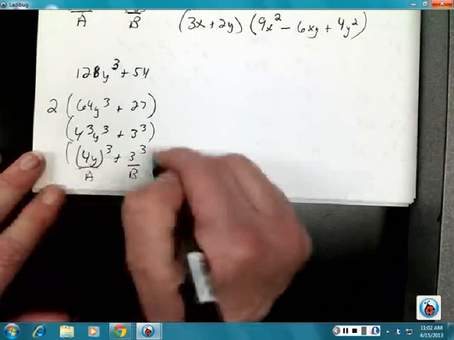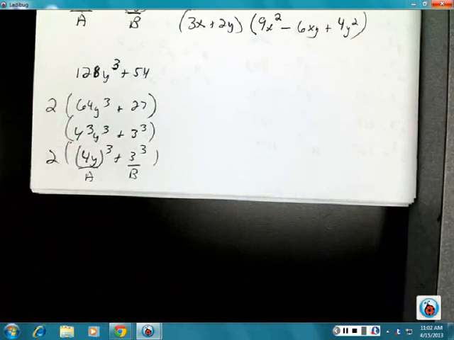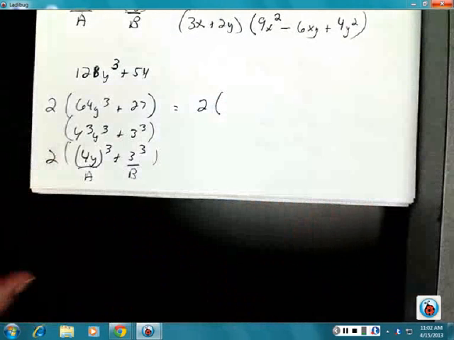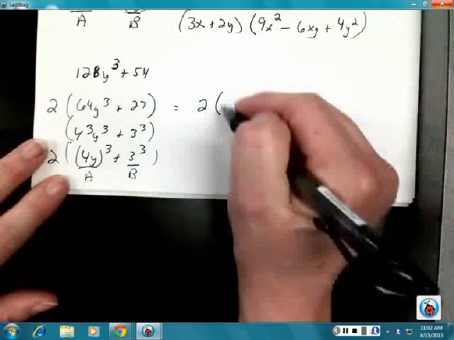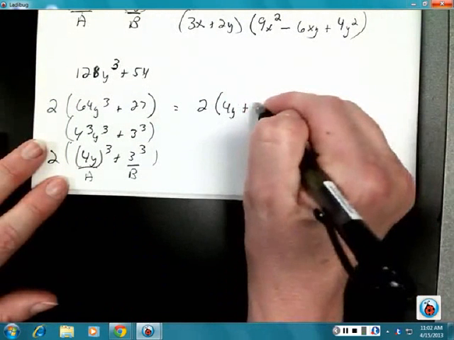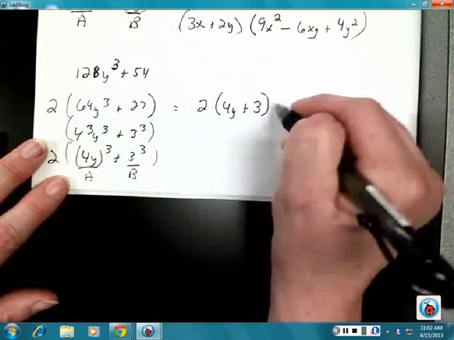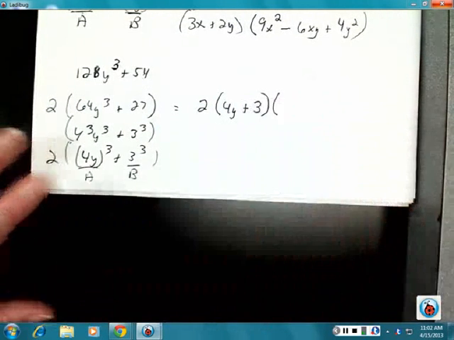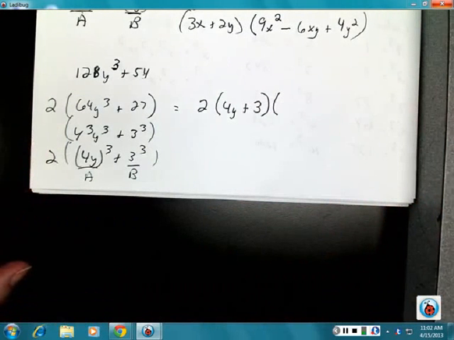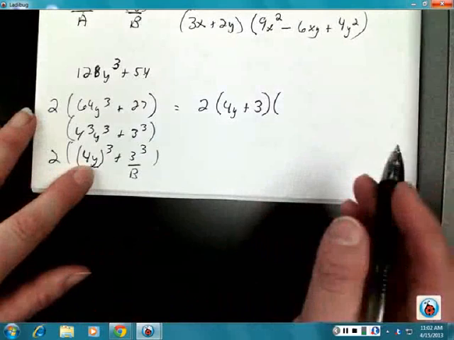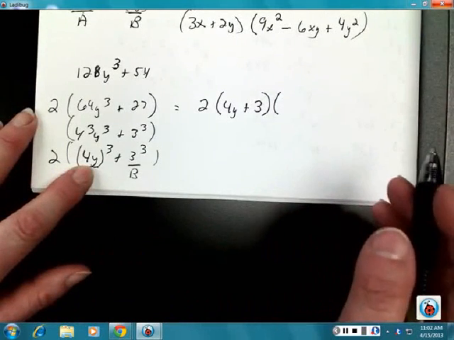So what's my answer going to be? Well, it's going to be 2. And then what? 4y plus, or is it just 4? Nope, it's 4y. Okay, 4y plus 3 cubed? Nope, just 3, because it's your base. And then what's the second piece? So 4y squared.